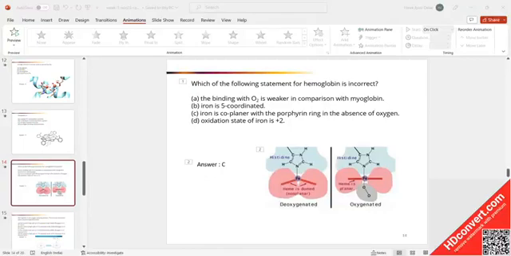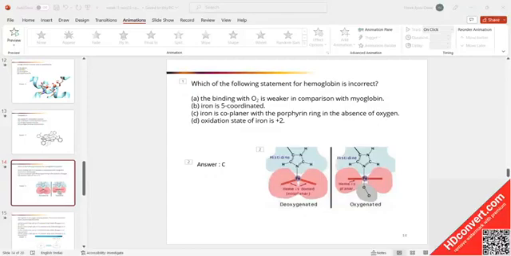Obviously, iron is 5 coordinated, and the oxidation state of iron is +2. And if you look at the comparison of oxygen binding of myoglobin versus hemoglobin, hemoglobin binds 4 oxygen molecules, but that does not mean it binds more strongly as compared to myoglobin. It is actually the opposite.